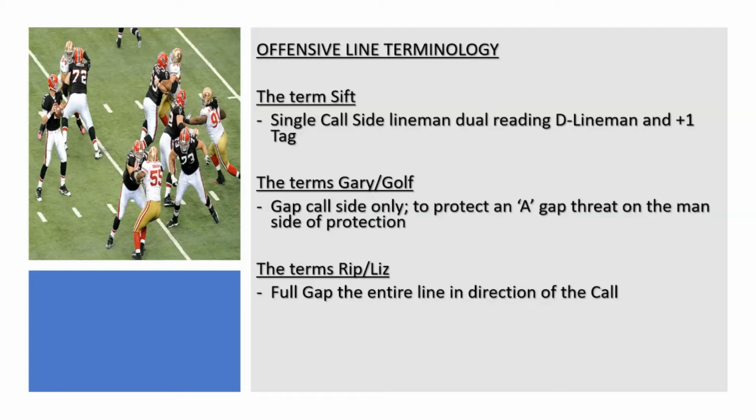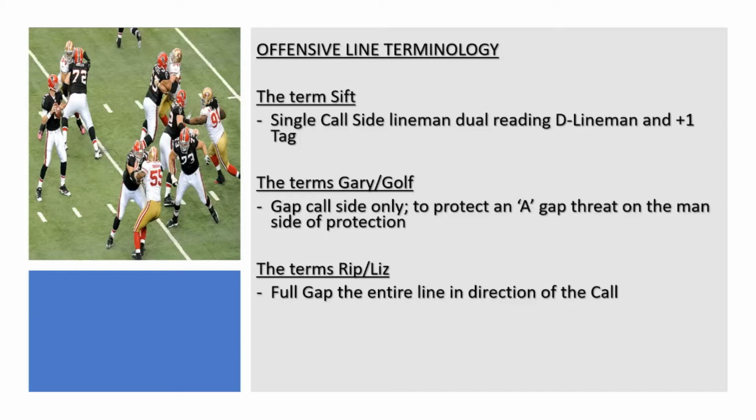So from a tackle standpoint, he's going to pass set and take the most dangerous of the defensive end and the +1. In that case, he would block the Sam, and now the quarterback would be hot off the defensive end.